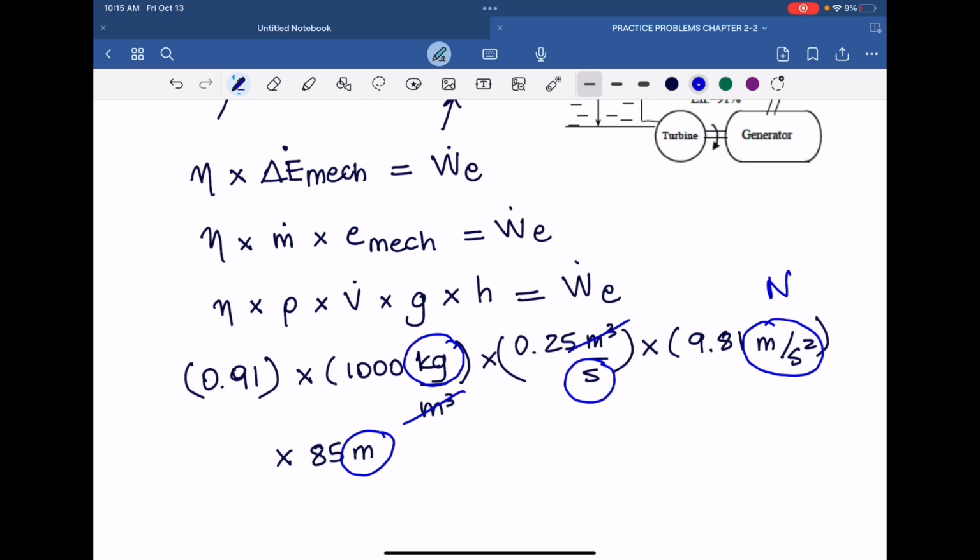What I'm looking for was a power unit, and it is giving me a power unit, but in terms of watts. And if I want to convert to kilowatts at the end, I might have to divide this equation by 1000, which is okay. We get the value of 190 kilowatts. Okay.